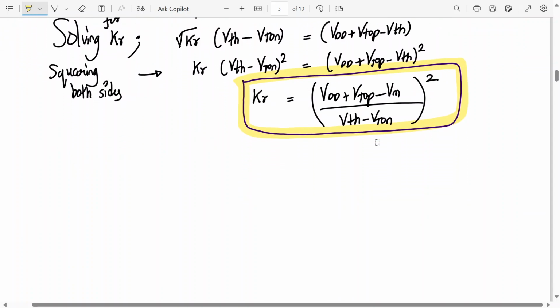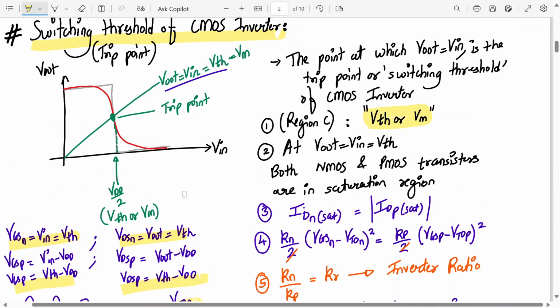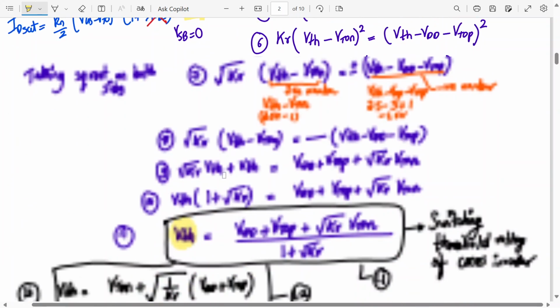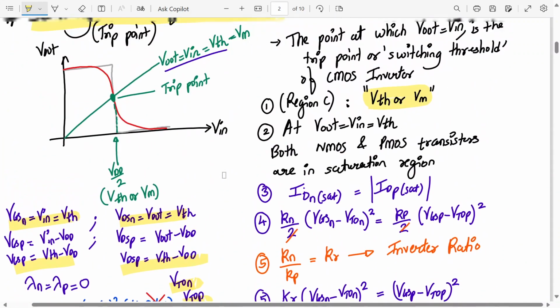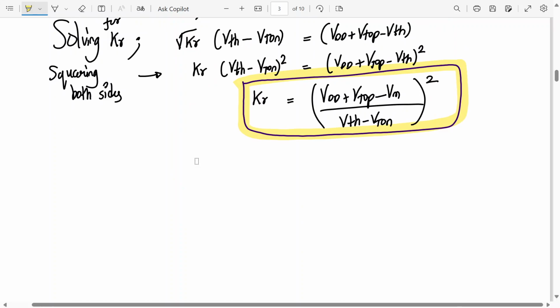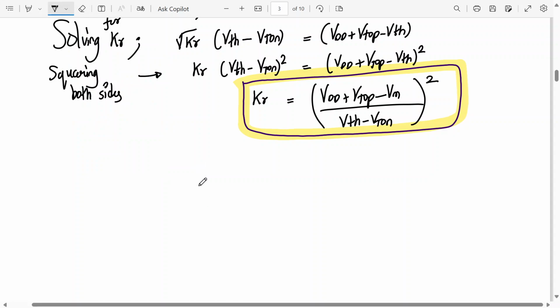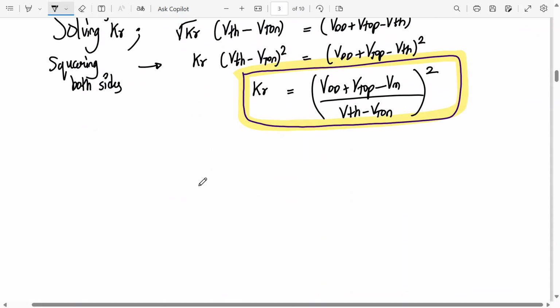Now for an ideal inverter, what should be the value of Kr? What should be the value of Vth? Vdd by 2. Yes or no? For an ideal CMOS inverter, let's find out. The derivation is over, but we are finding something else now. This point number is 13 or 14.